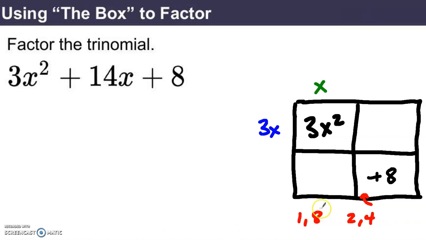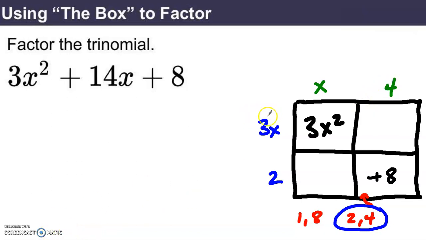So that tells me I don't think it's the 1 and the 8 at all. Let's try using the 2 and the 4. What if we put the 4 here and the 2 here? This would be 6x. This would be 4x. That doesn't add up to 14x either. Well, let's try putting the 2 here and the 4 here.